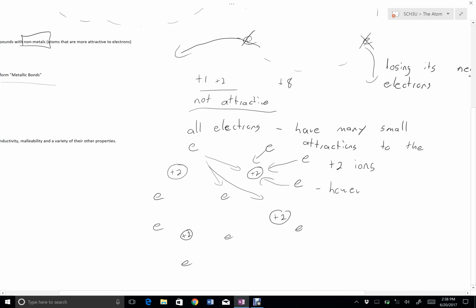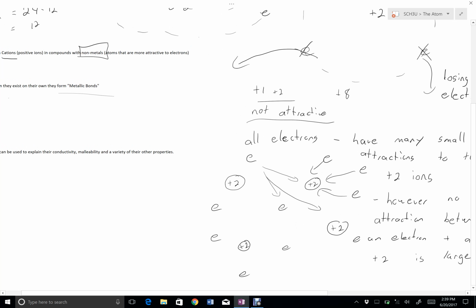However, no one attraction between an electron and a +2 is large.